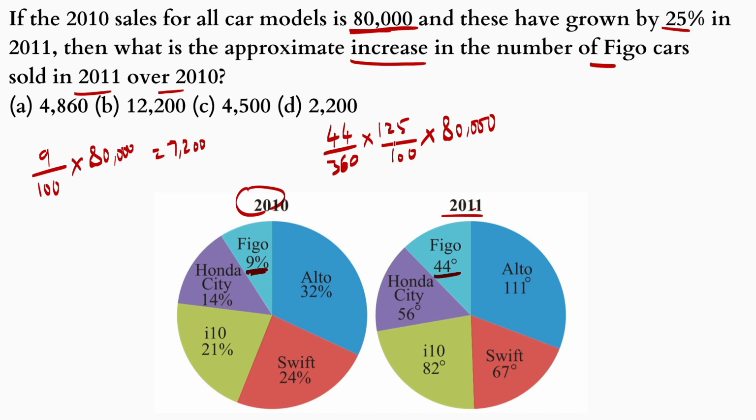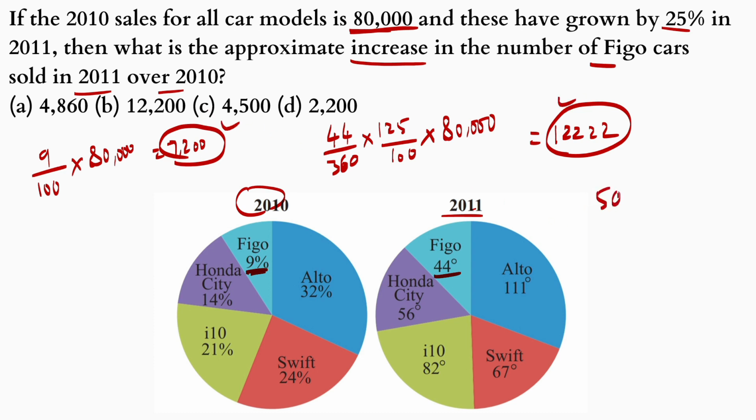So we must take 125 by 100 of the total sales. So this value is 12,222 and for that of 2010 is 7,200. But we are asked to find out the approximate increase. So what is the difference of these two values?